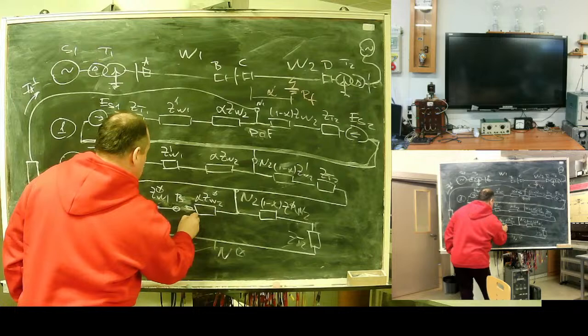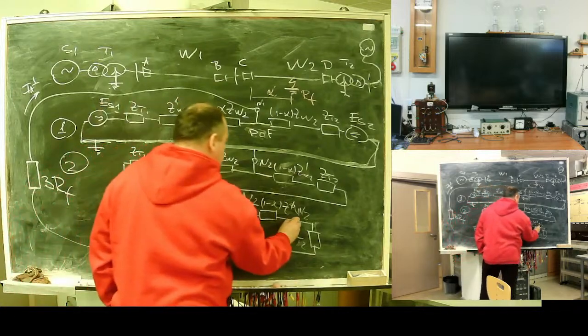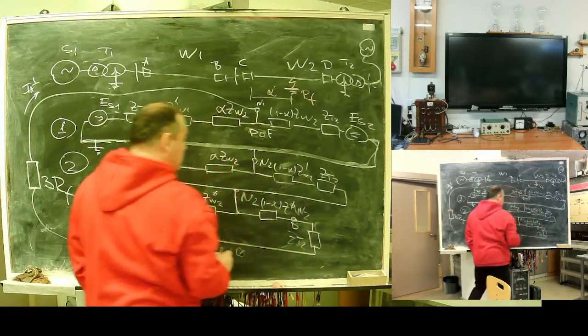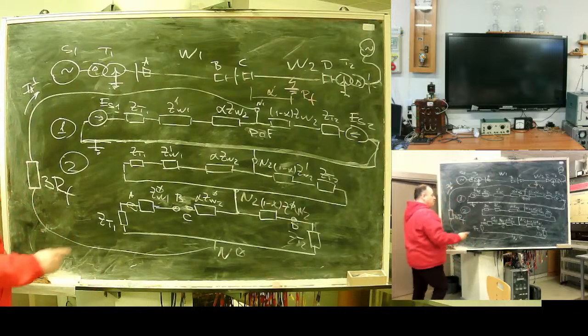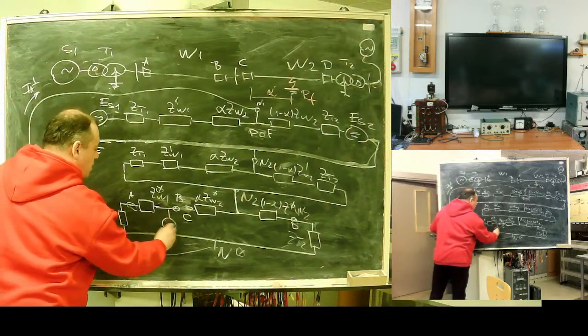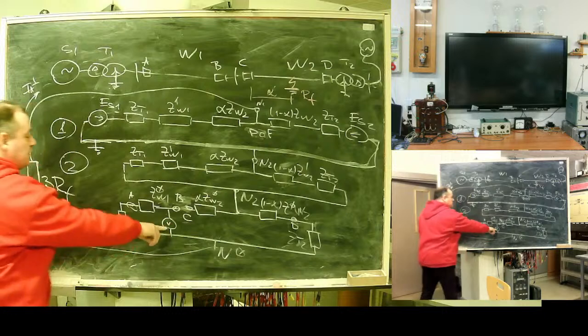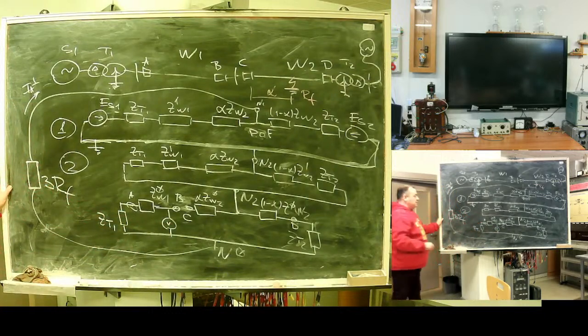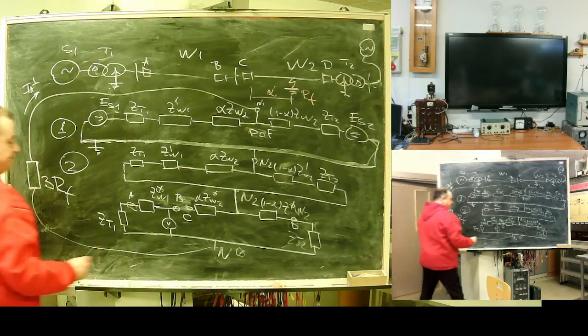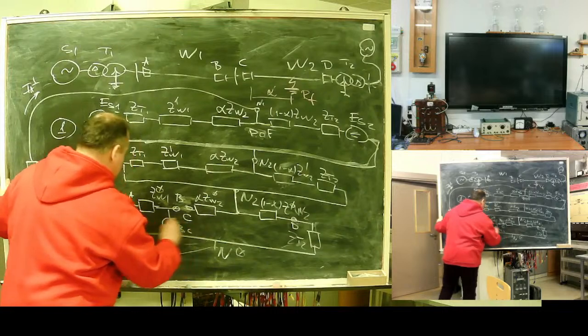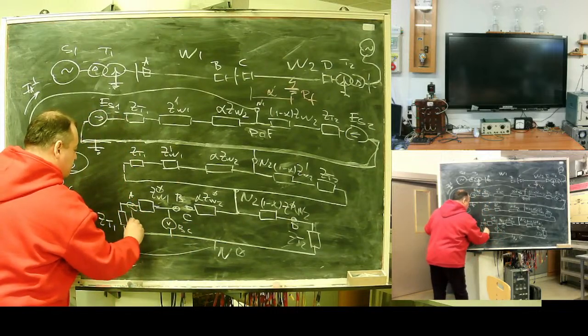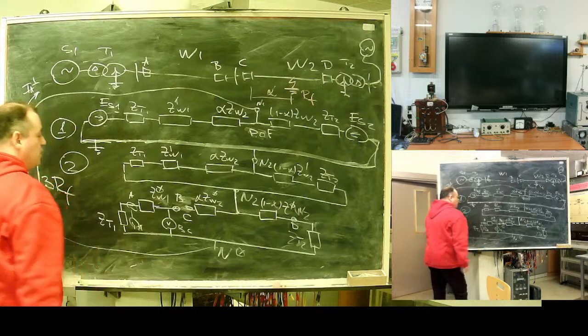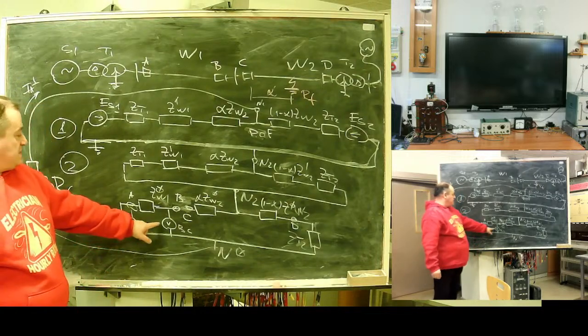B, C, and here is relays D. This is voltage for B and C. This is voltage for A. We are interested in B and C.